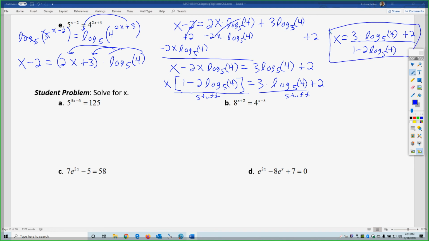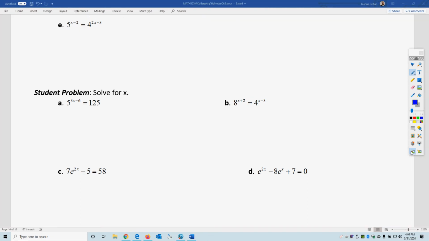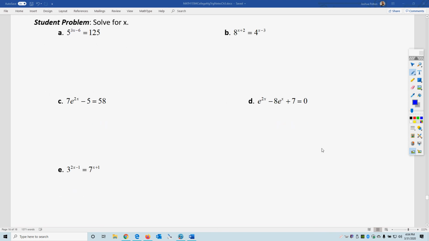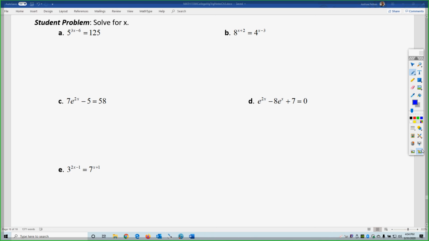All right, pause the video. Try the student problems. All right, student problems. The first problem only has a base 5, so we'll do log base 5. Oh, I wrote a 3. Fix that.